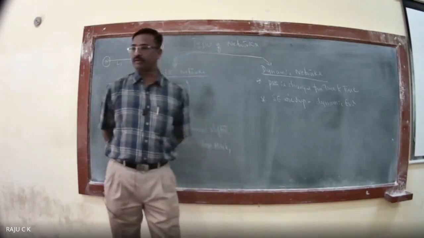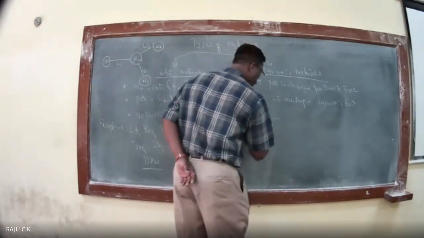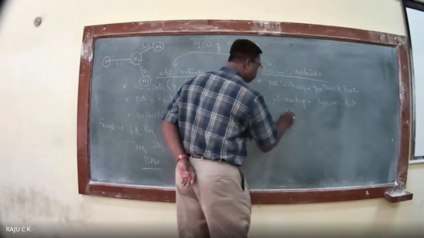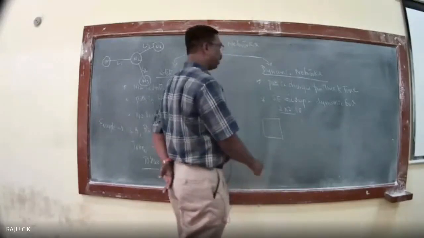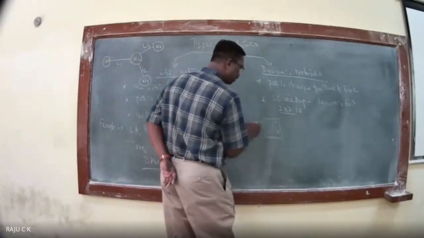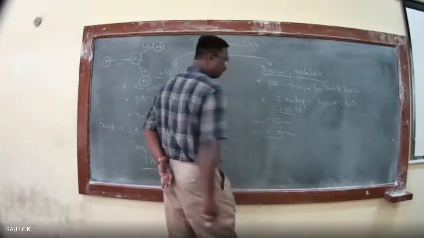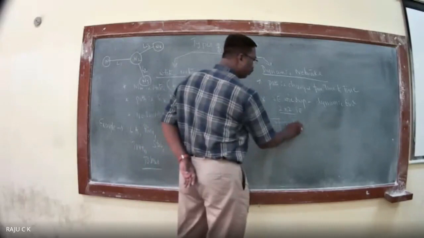Dynamic environment means, suppose I am using a 2 cross 2 switching element, that is, 2 inputs and 2 outputs. We provide the inputs I1 and I2, and the outputs O1 and O2.